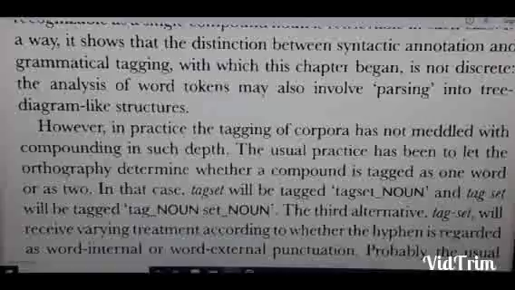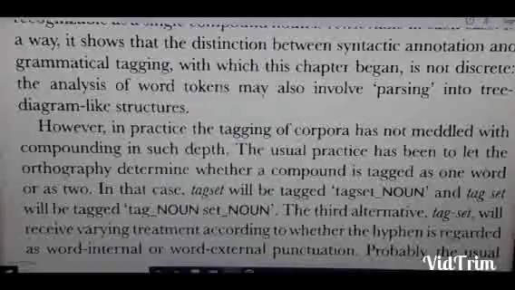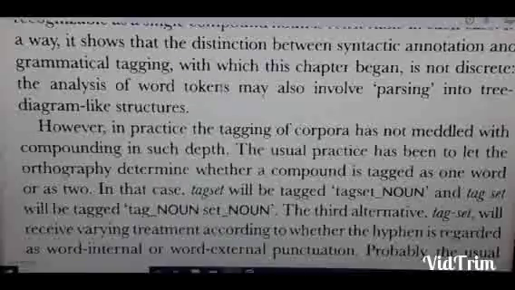However, in practice, the tagging of corpora has not meddled with compounding in such depth. The usual practice has been to let the orthography determine whether a compound is tagged as one word or as two. In that case, tagset will be tagset_noun, and tag set will be tag_noun set_noun.